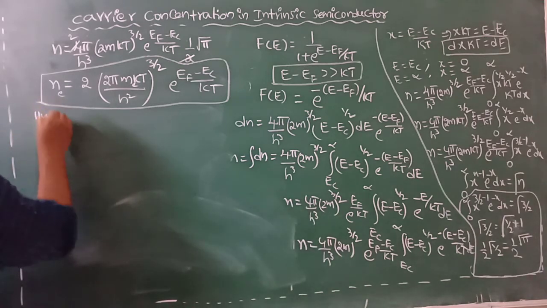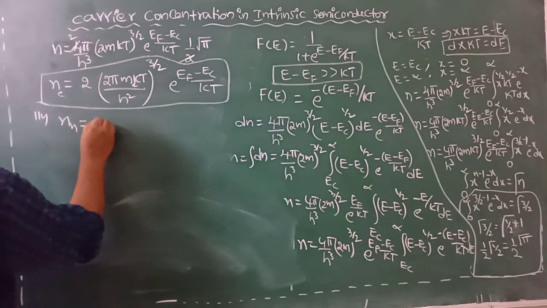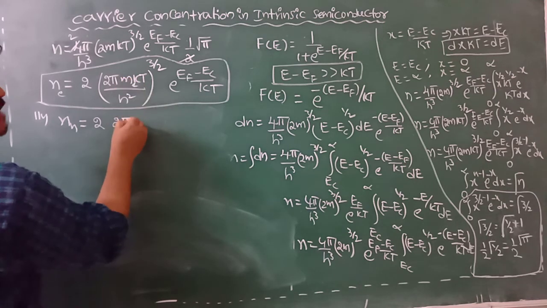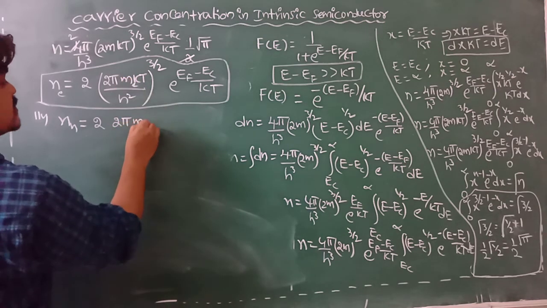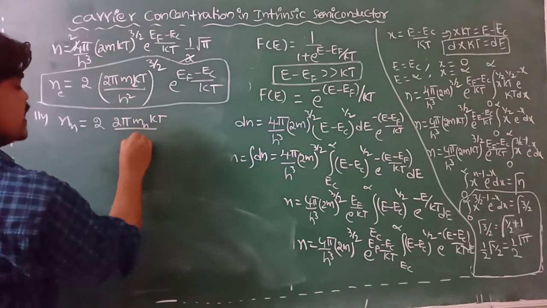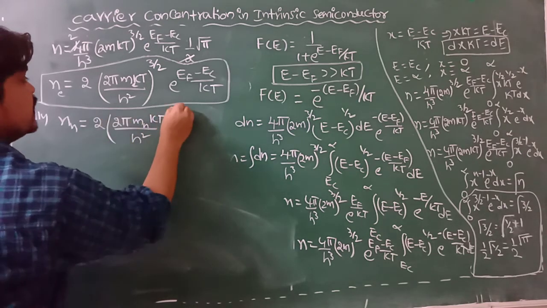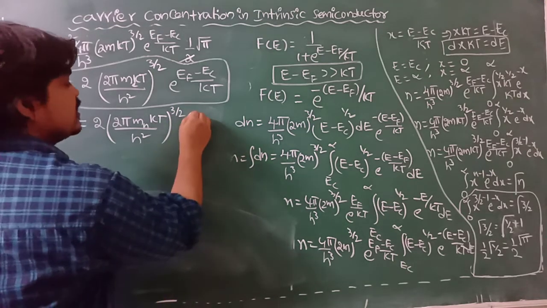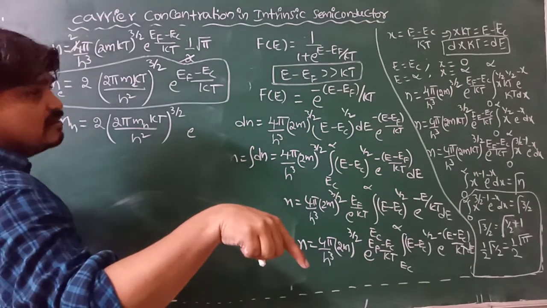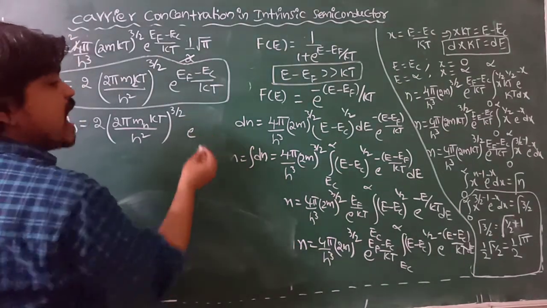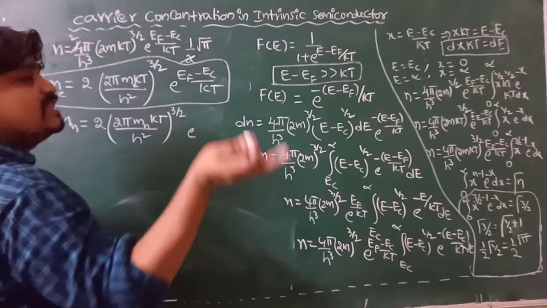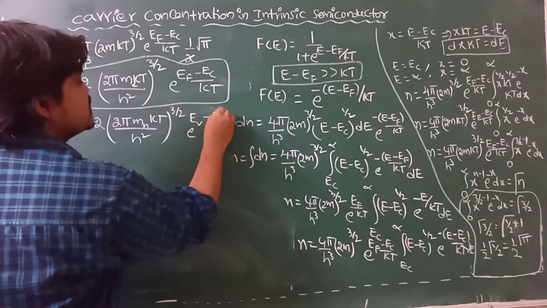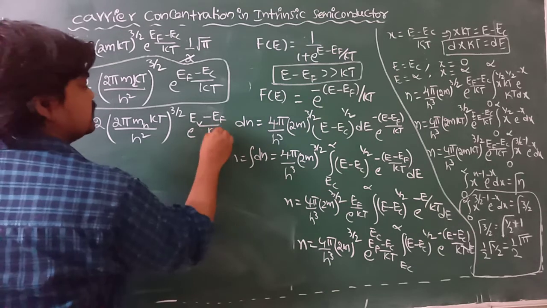So similarly, the number of holes is equal to (2 pi m, the mass of the charge carrier, kT by h square) whole power 3/2, e^((EV - EF)/kT). Here the holes are present in the valence band, whose energy level is lower than the Fermi energy level. That's why I write EV minus EF by kT.